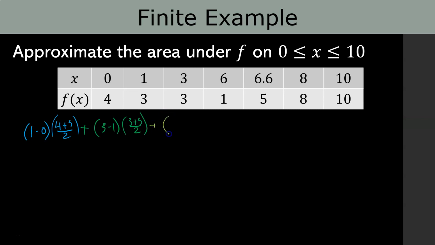A new color. So that's going to be 6 in x value minus 3 in x value right here, and then the average of the two y values, 1 plus 3 over 2. And from 6.6 to 6, we get a width of 0.6 times an average height of 5 plus 1 over 2.